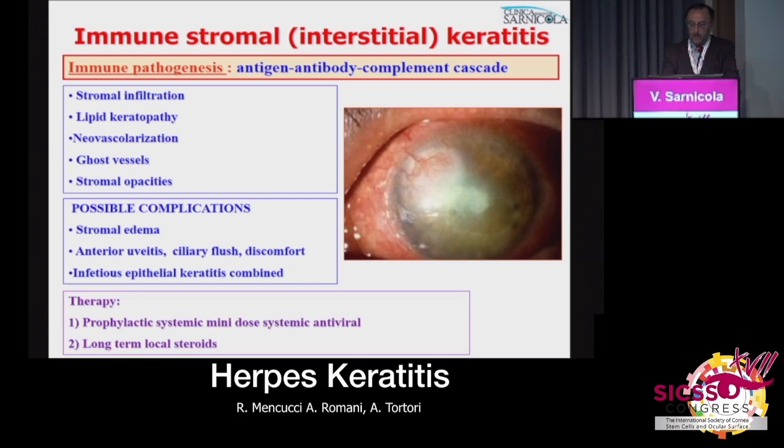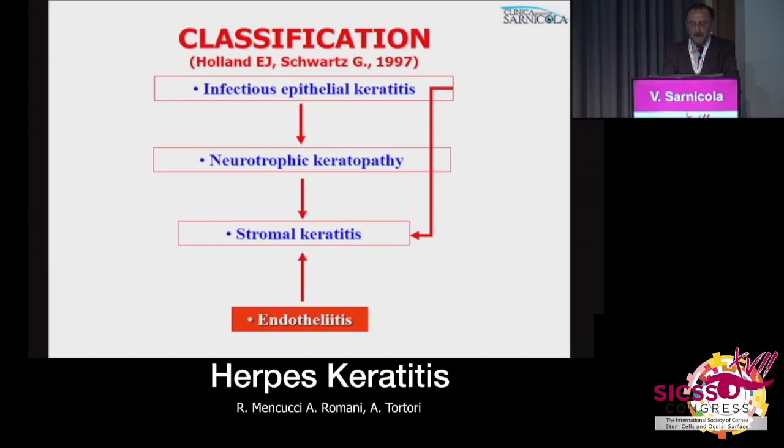And here we see the possible treatment, stromal infiltration, lipid, and all the possible treatments. No full dose is necessary here, but just one tablet of acyclovir a day is enough, plus a local steroid to keep the recurrence under control.